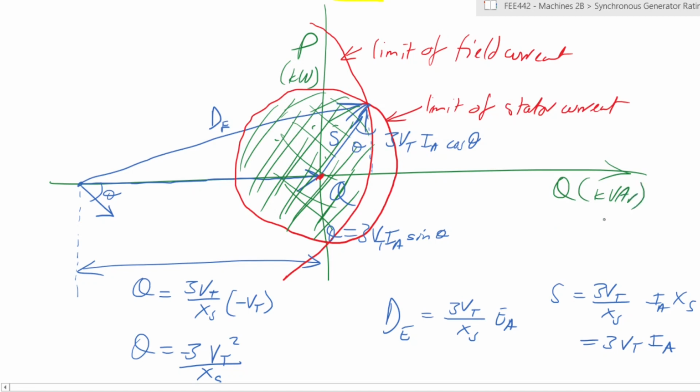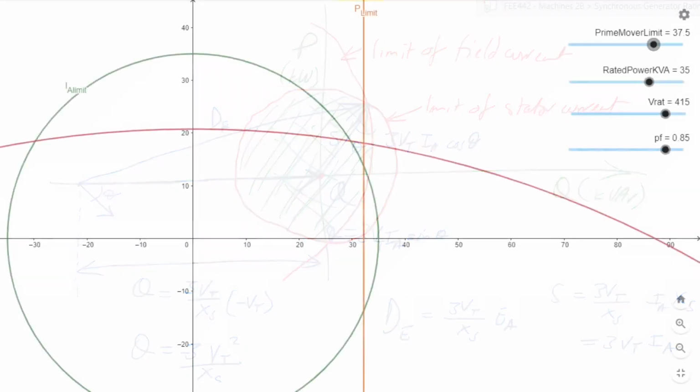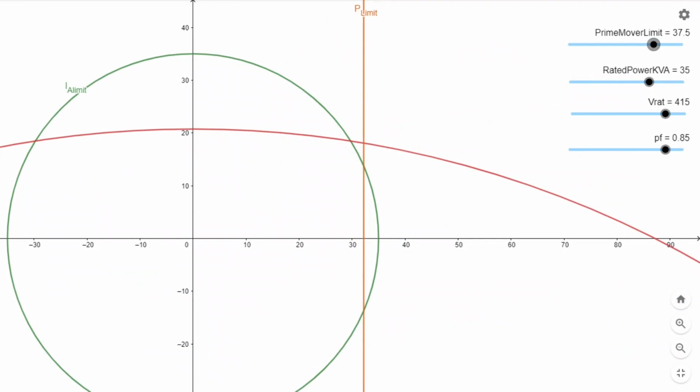Right? So now it is conventional to have this diagram with the axes flipped, so that the P axis is horizontal and the Q axis is vertical. And in that case, we would then have a diagram that would look like this. So let me just switch to a diagram of what it would look like.